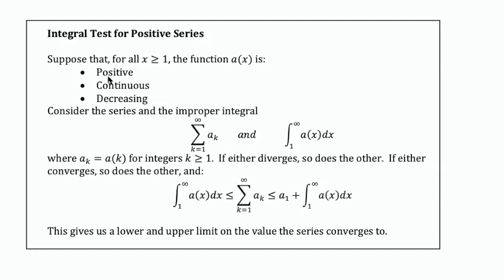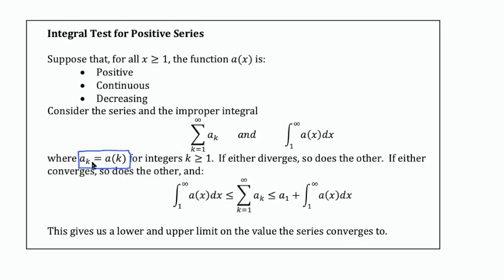You've got to verify that all of these 3 conditions are true. Then you can compare the series based on k taking on values from 1 to infinity to the integral with limits of 1 to infinity for the function a of x. And here's that connection between the series notation and the function.